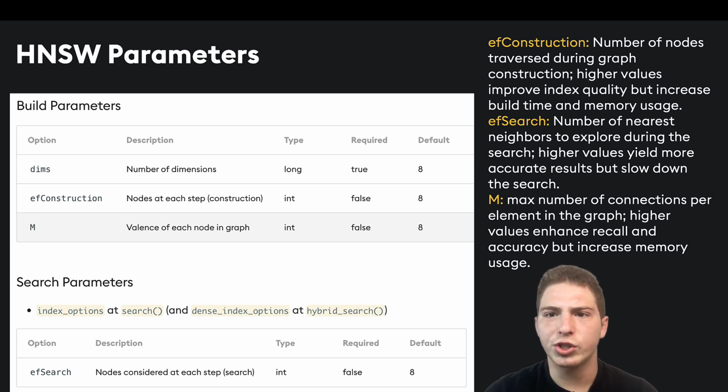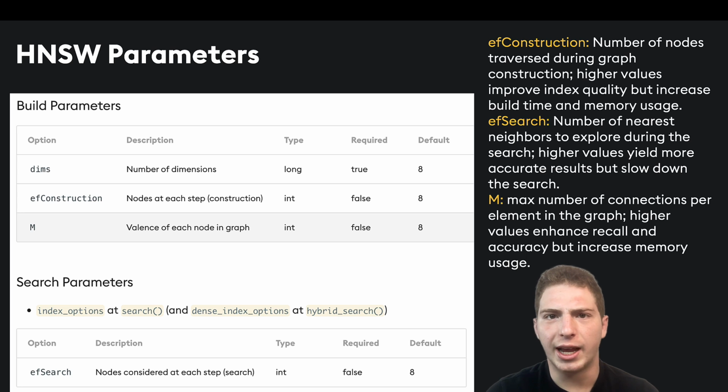Your EF construction. The EF construction is the number of nodes traversed during graph construction. And typically, the higher the value of EF construction, the better your accuracy, but it's going to take longer to build your index, and your memory usage is going to increase.